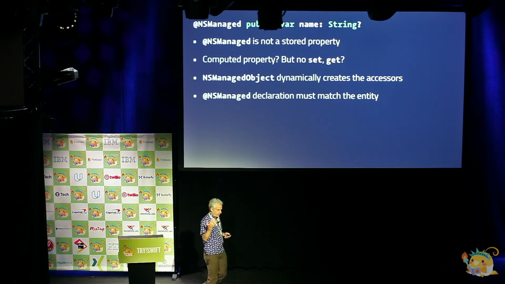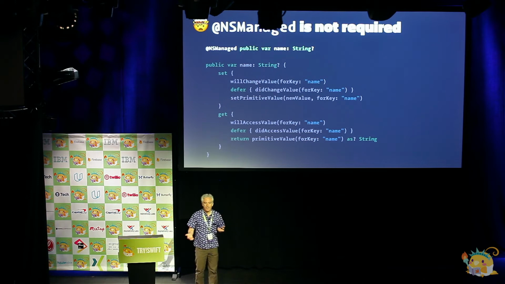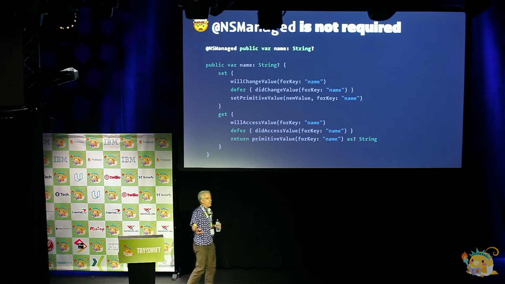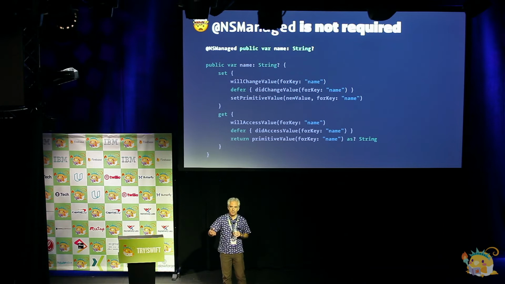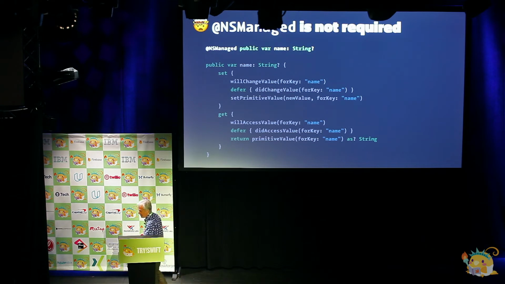But what a lot of people don't realize is that @NSManaged is not required. You can, if you want, declare your Core Data class to have properties with names that match the entity, but types that don't actually match. They can be whatever you want them to be. And this is the key to making things easier in Swift in a lot of cases.